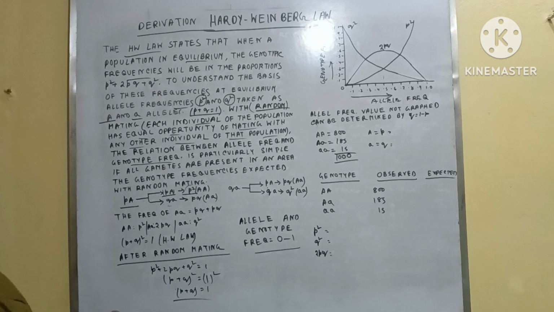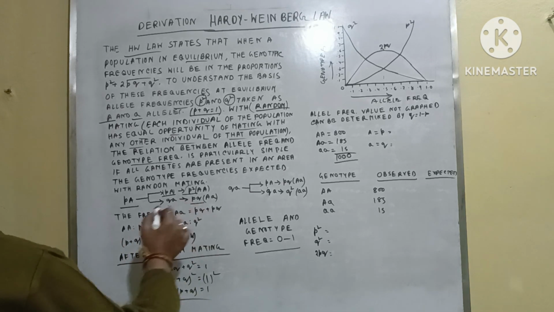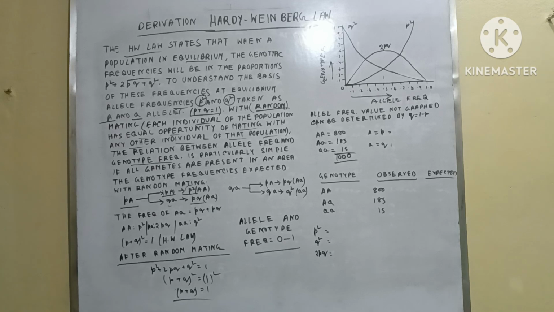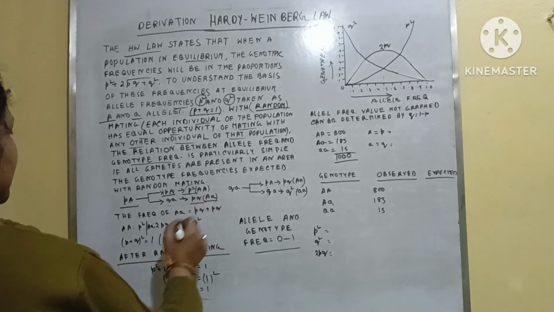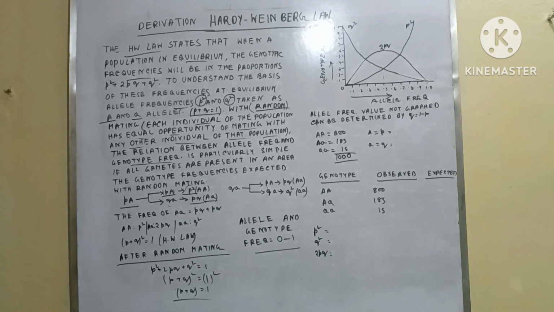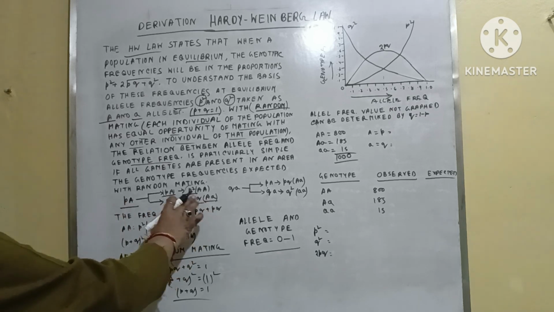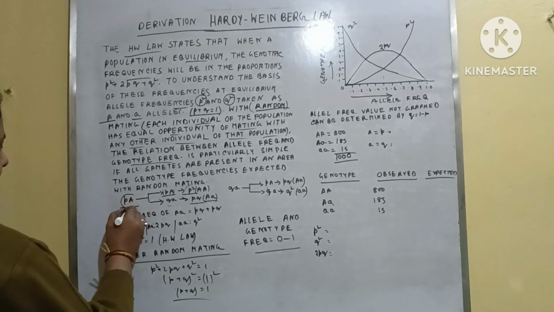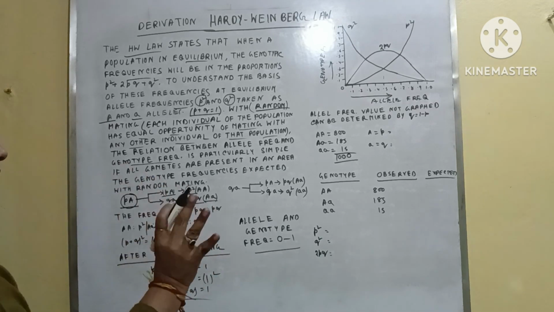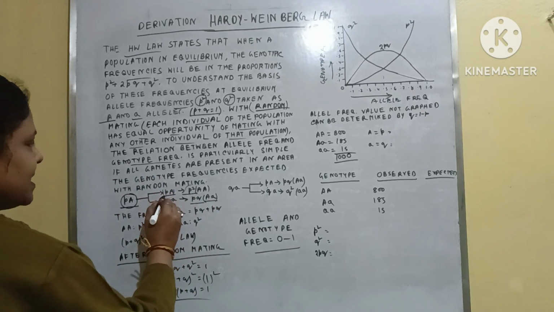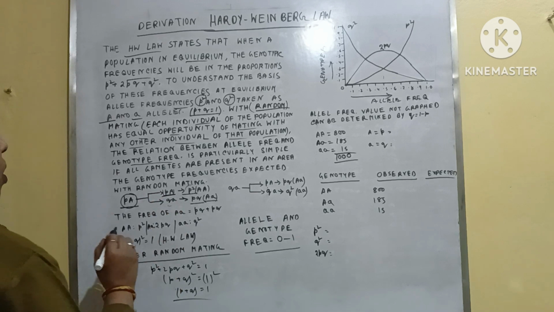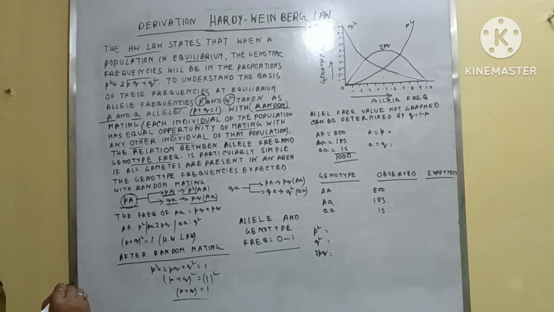Another individual that is formed is small qa. From this, pq may be produced, that means capital A and small a. So from here two gametes may form: one is small pa and the other is small qa.